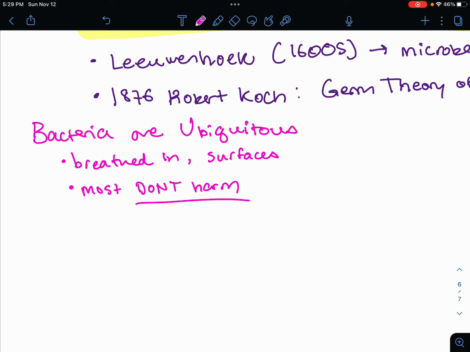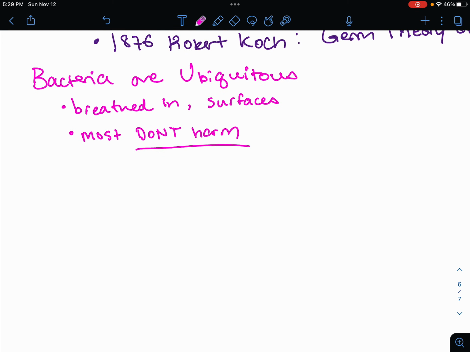Usually people think that all microbes are pathogens, so all of them are bad. No, this is not the case. Most of the microbes are actually harmless. Some of them will be colonizing the body surfaces, others will just be pushed off or sloughed off.